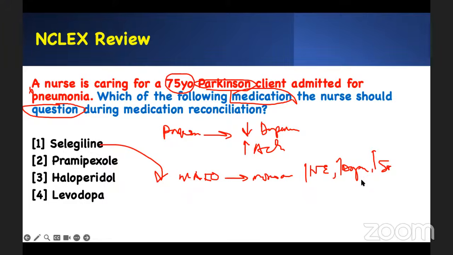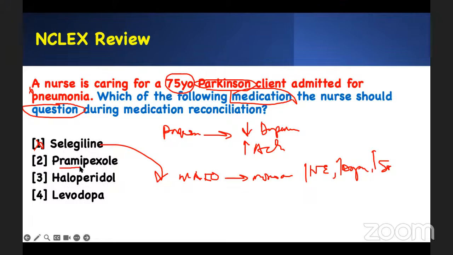So when I give you a monoamine oxidase inhibitor, your level of norepinephrine, dopamine, and serotonin is going to go up. Do you think this patient will not be happy with that? Yes, of course. It's going to be happy for giving them what? A monoamine oxidase inhibitor. Therefore, you don't need to question it. This is good for a Parkinson patient. You can use it for Parkinson.